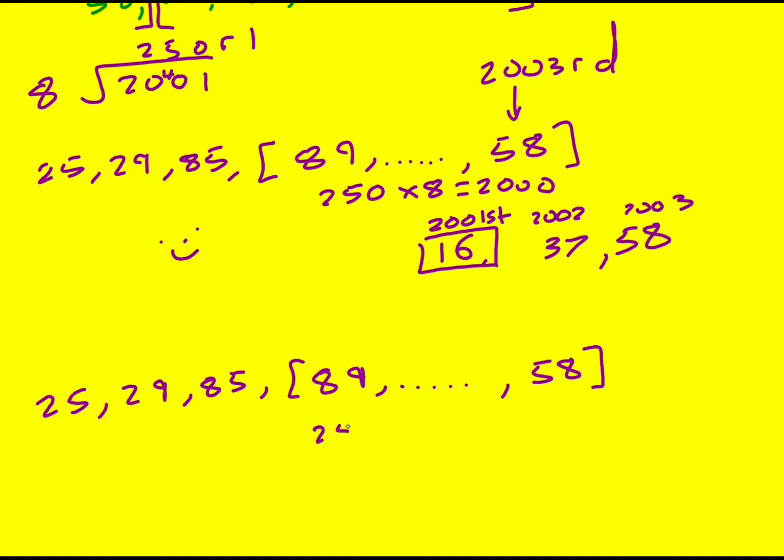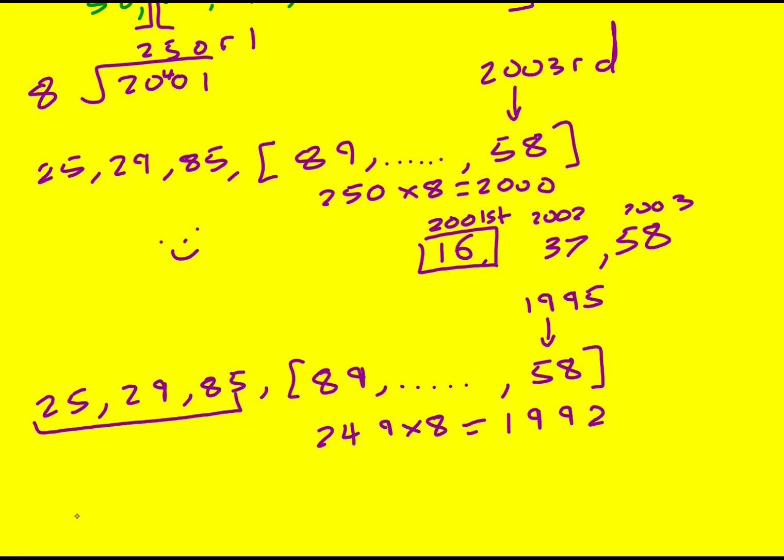So let's do 249 times 8. That's actually going to be just 8 less than 250 times 8. So I'm going to get to 1992. And then this time, the 58 is therefore going to be the 1995th term once I've added these extra 3 on.